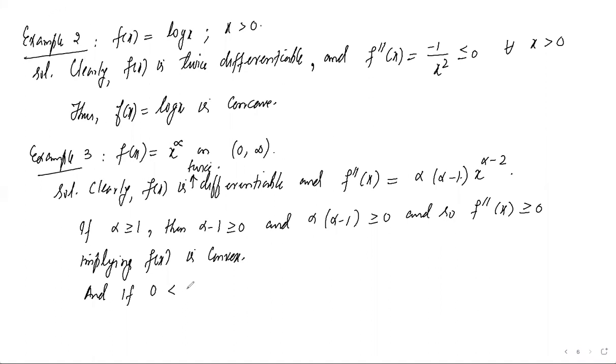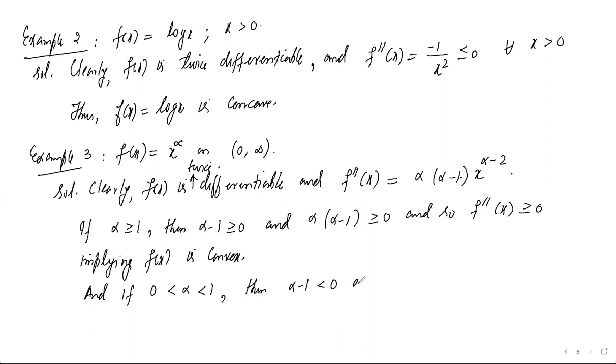If 0 is less than alpha less than 1, so that means alpha is less than 1, then let us see what is alpha minus 1. Then alpha minus 1 is less than 0.